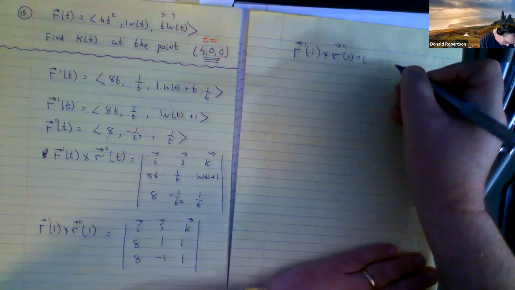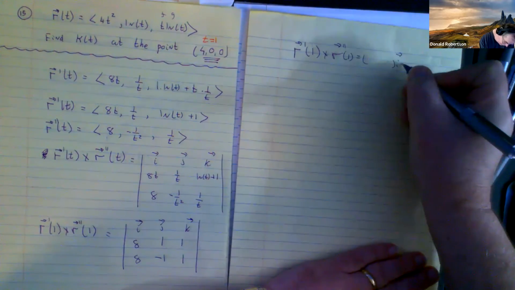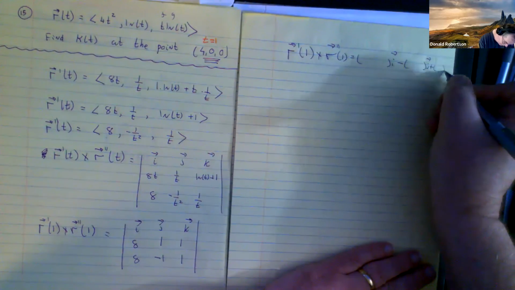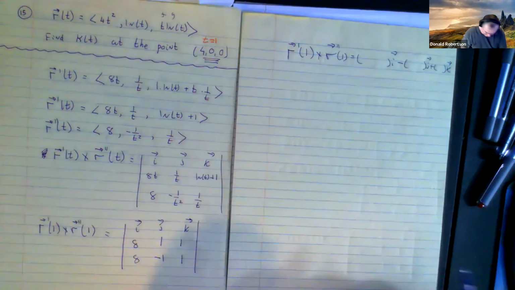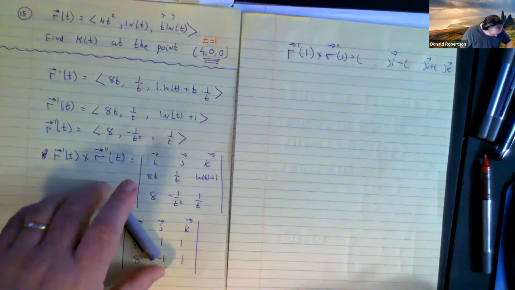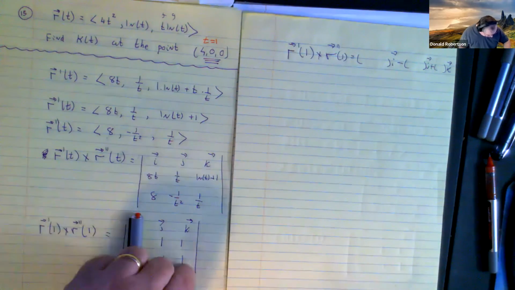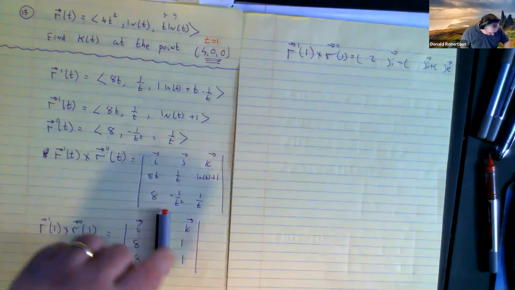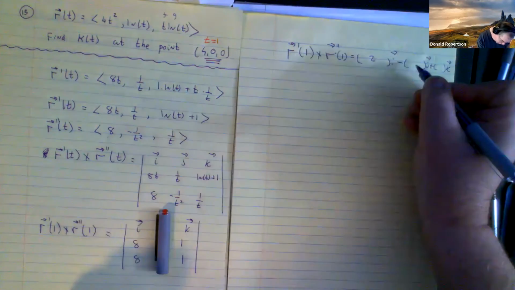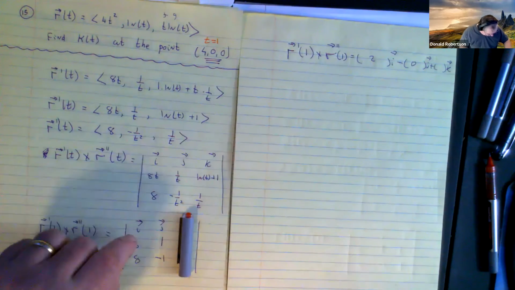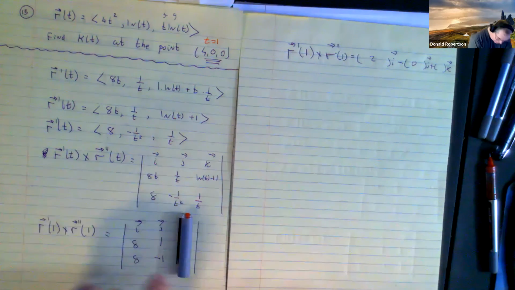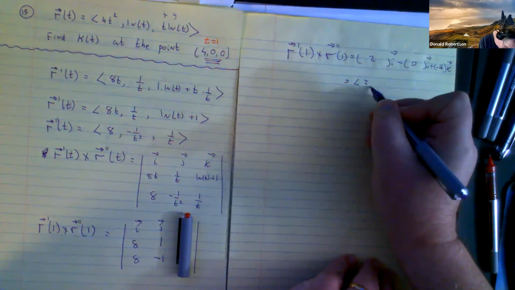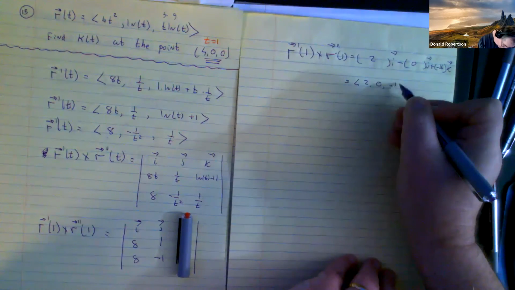It's going to be so many i's, take away so many j's, plus so many k's. If I cover this up, I get 1, take away negative 1 is 2. The middle one, I get 8, take away 8, which is 0. And the end one, I get negative 8, take away another 8 is negative 16. And so this guy becomes 2, 0, negative 16.